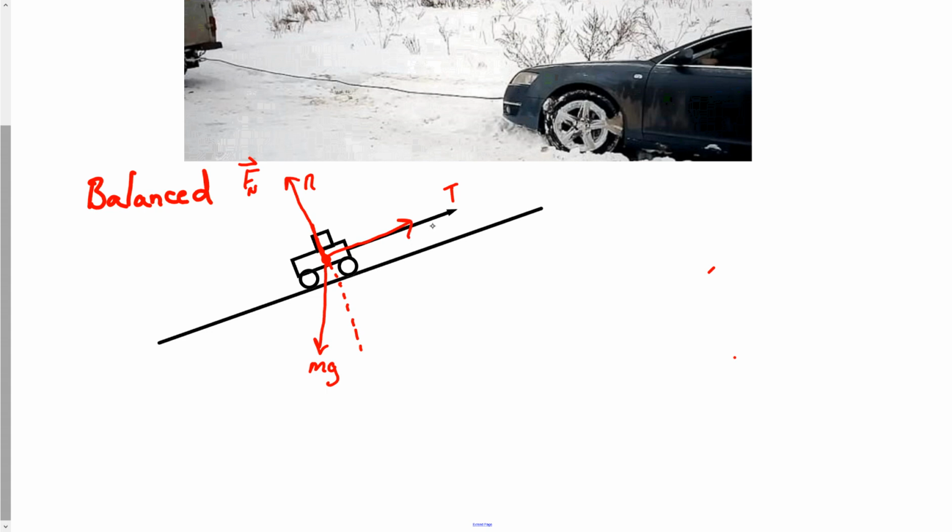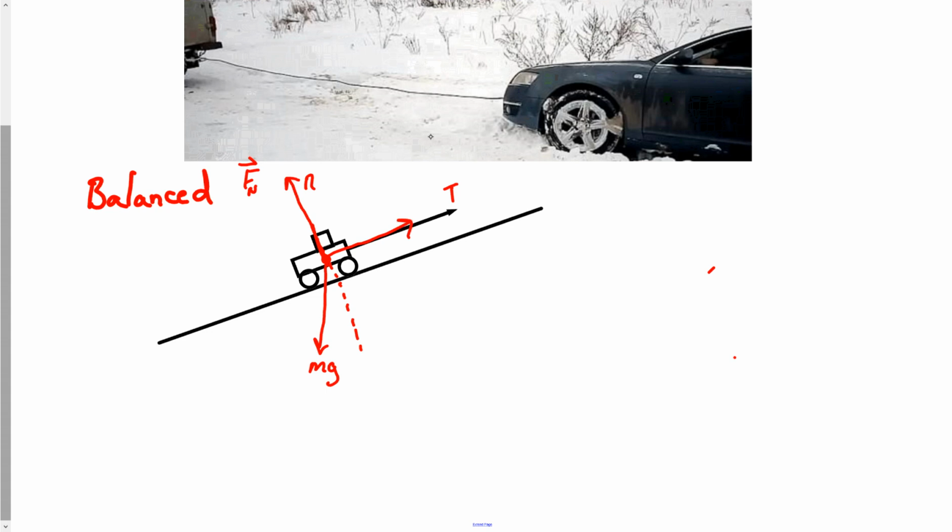We just haven't talked about friction. There could be a car just parked on the hill and ask what friction is keeping it from sliding. The only difference is instead of a T, if it said friction, we would use mu n. You might be asked to use a lowercase letter f. But anyway, we're not going to do friction in this video.